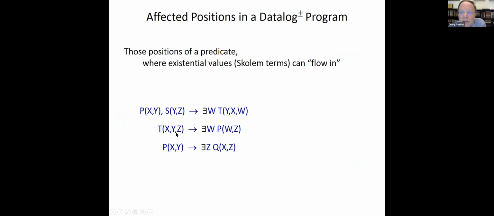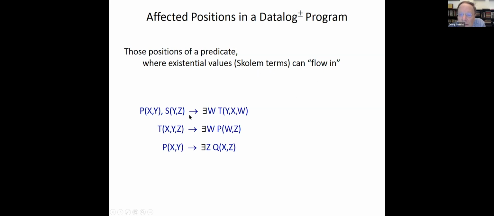Okay, so you have here a set of rules with existential quantifiers, and I first want to define what the affected positions are. So what are the affected positions in these atoms here, for these predicates? An affected position is a position where basically an existential term, also called a Skolem term, can flow in.